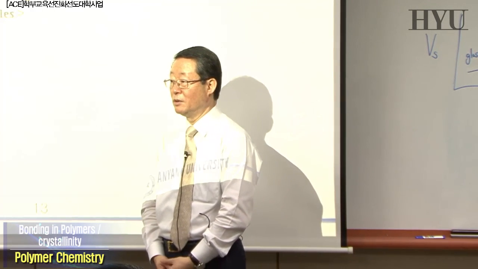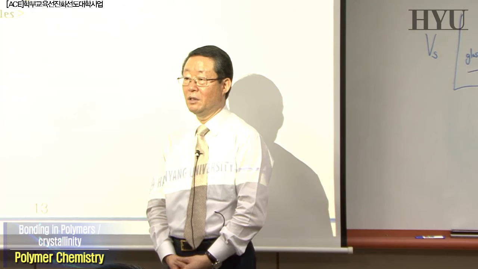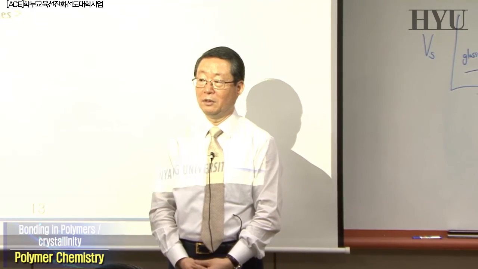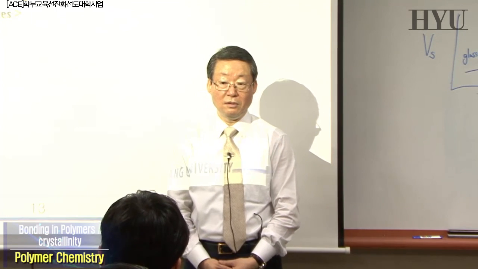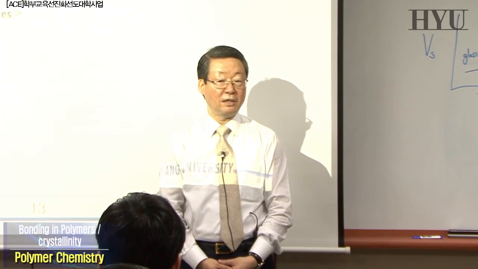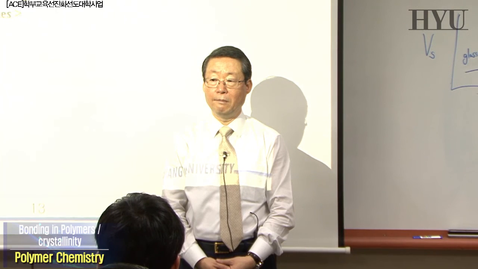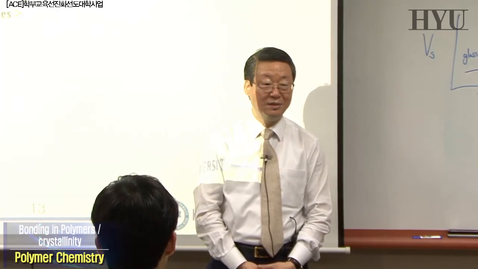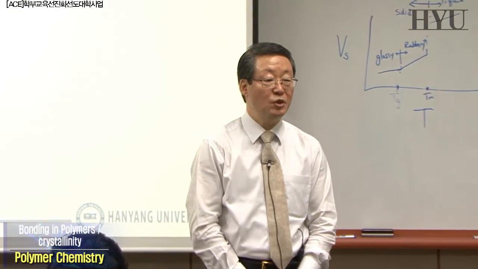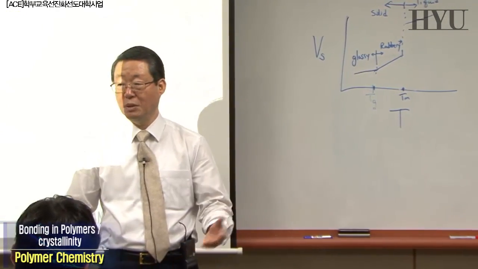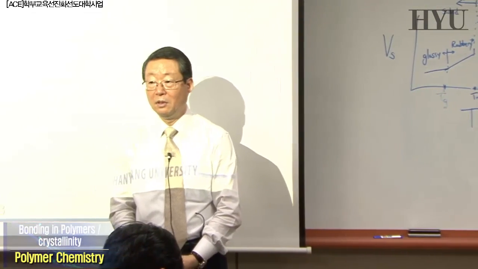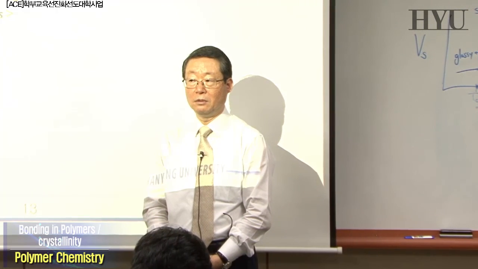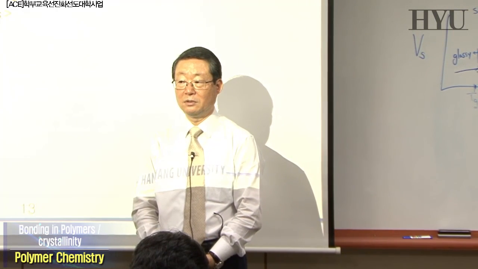So every polymer should have a glass transition temperature. Every polymer should have TG, but may not have TM. TM is a melting temperature due to the presence of crystals.